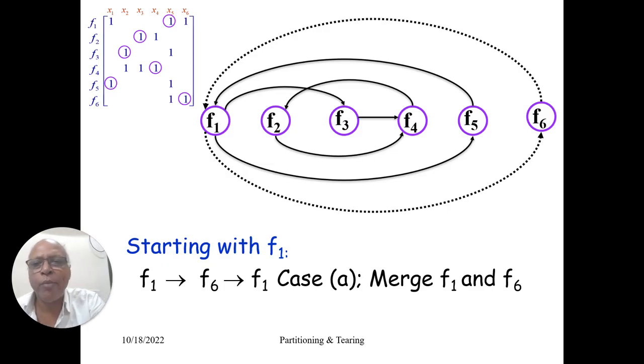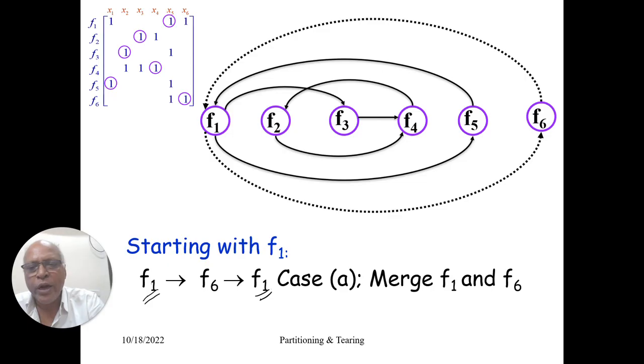So let us say I am starting from F1. By following this particular direction, I went to F6, and from F6 there is an output edge. It came back to F1. So what is happening when I am tracing? This F1 is reappearing. So that is nothing but your case A. If a node is appearing again in the string, then what you need to do is merge all the nodes that are appearing between this repeated node.